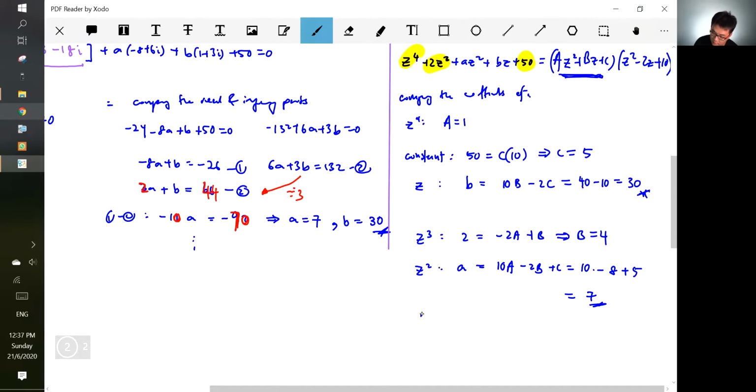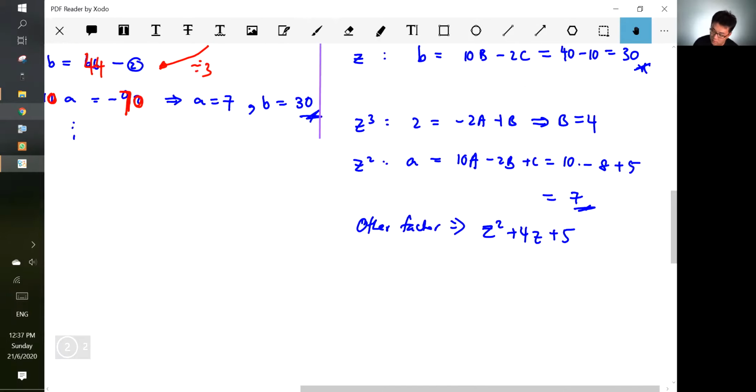So the other quadratic factor would be z square plus 4z plus 5. So this is okay. So this will be z equals to minus 4 plus minus square root of b square minus 4ac over 2 lah.